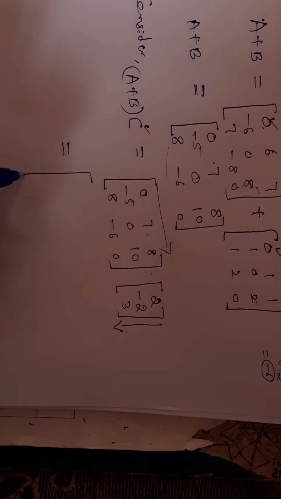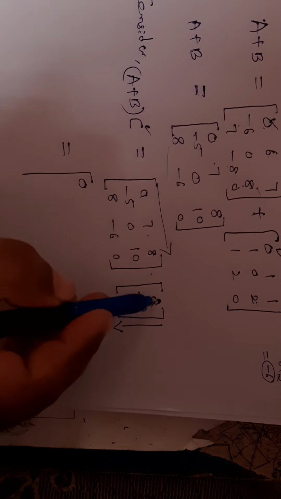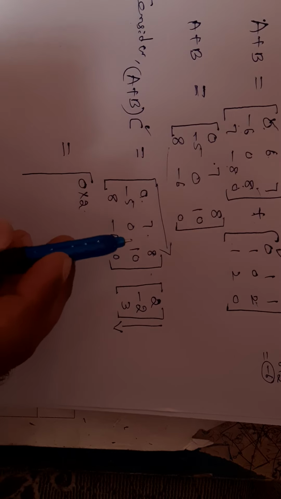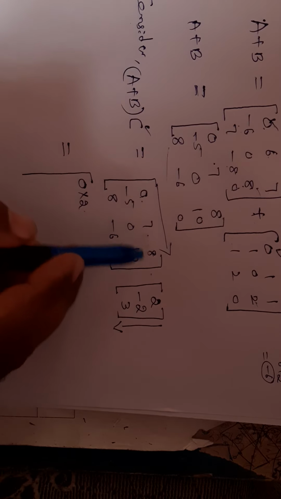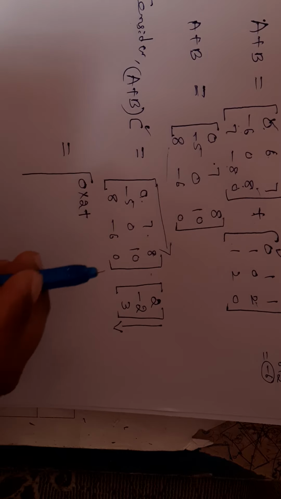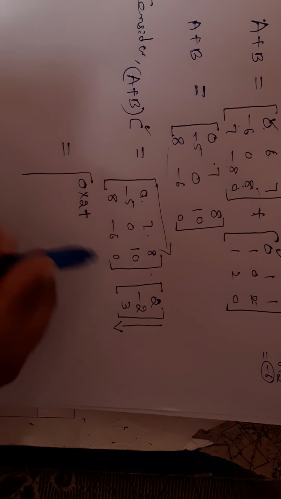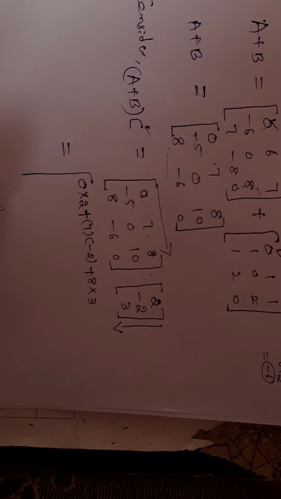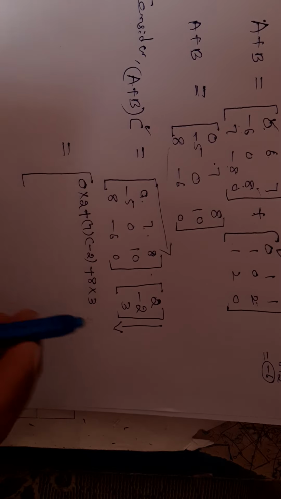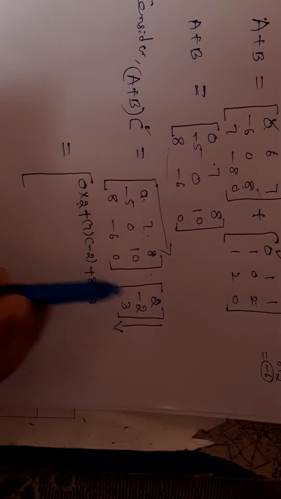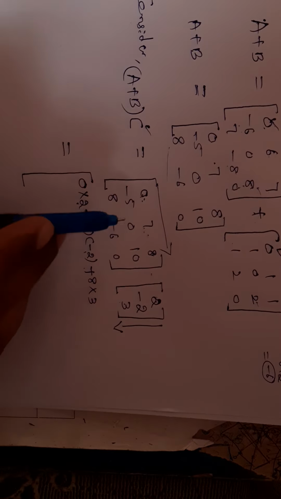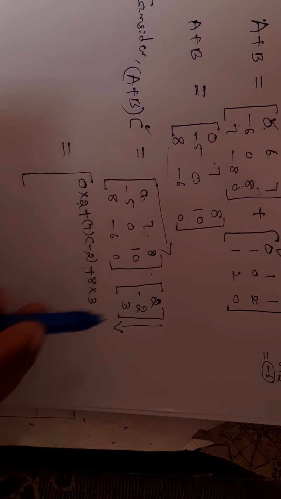So 0 into 2 plus 7 into minus 2, plus 8 into 3. So first row, first column, I have written this one.